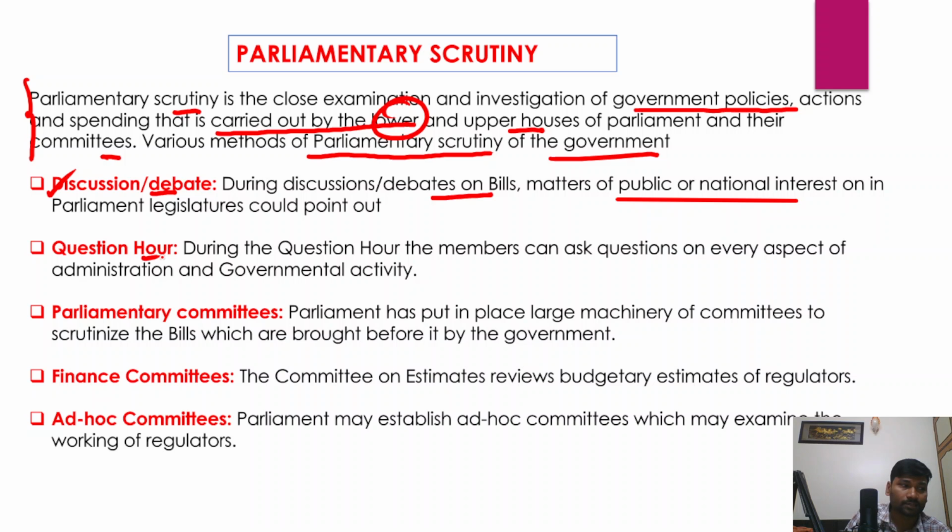Question hour is part of the parliamentary scrutiny. It also plays a very important role in holding the executive accountable for its actions. During question hour, members can ask questions on every aspect of administration and governmental activity. The ministers give replies to the members for their questions.